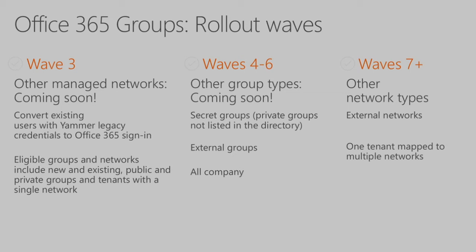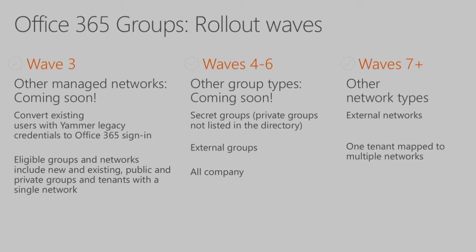And then we're going to get you the rest of your group types too. So today, it's public and private groups that can be connected to Office 365. We're going to extend it to include the secret groups, which are your private, unlisted groups. And we're going to be aligning our notion of external group with the Office 365 guest membership concept.